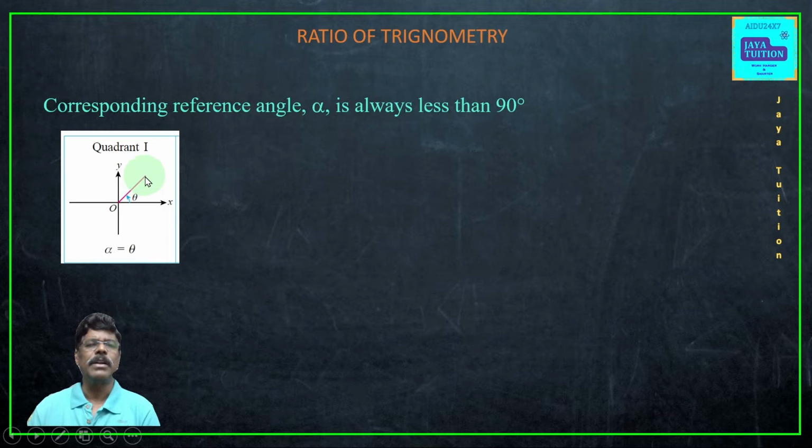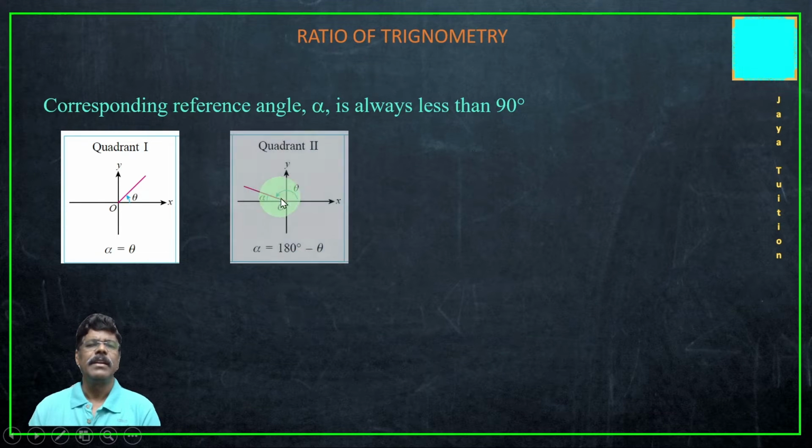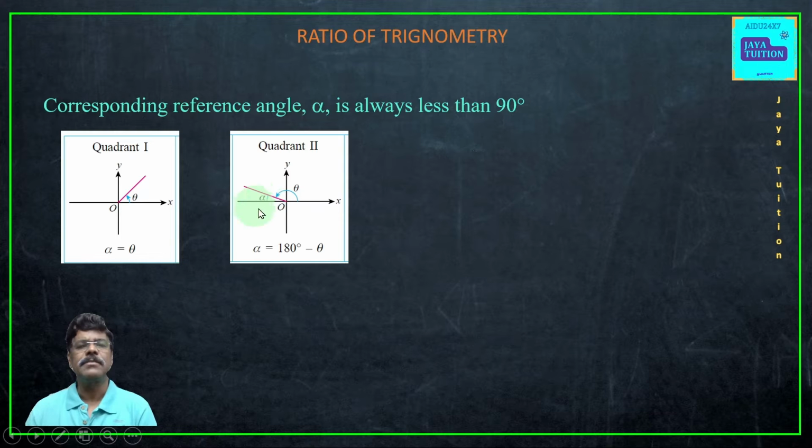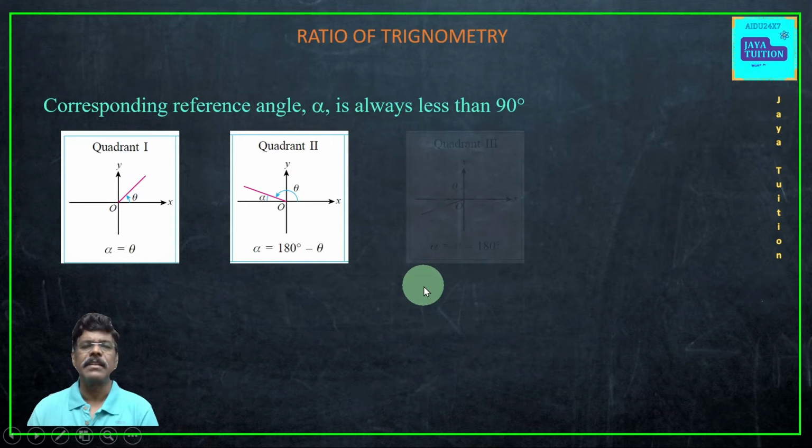So if your point lies in the first quadrant, the angle alpha will be equal to theta. If the point lies in the second quadrant, the value of theta is measured anti-clockwise. Alpha will be equal to 180 degrees minus theta. So alpha, the angle given over here, will be 180 degrees minus theta, and that will be your reference angle.